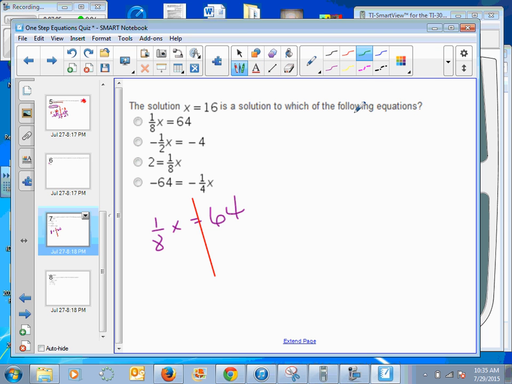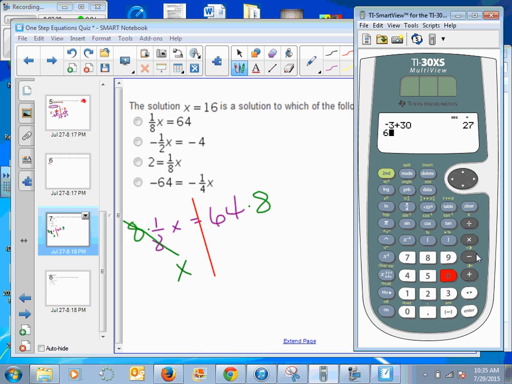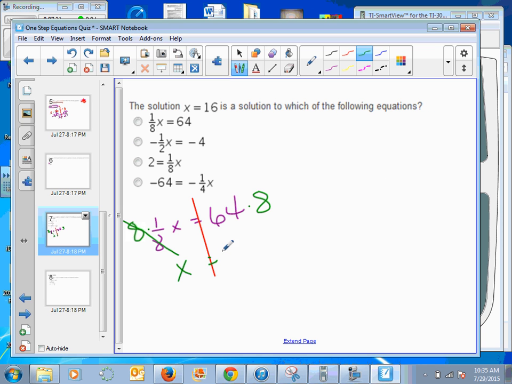So if we think in terms of opposites, you want to multiply both sides by 8, because those will cancel and you're left with just the 1x. Now, 64 times 8, I don't know that off the top of my head, so 512. All right, so that is not what we're looking for.